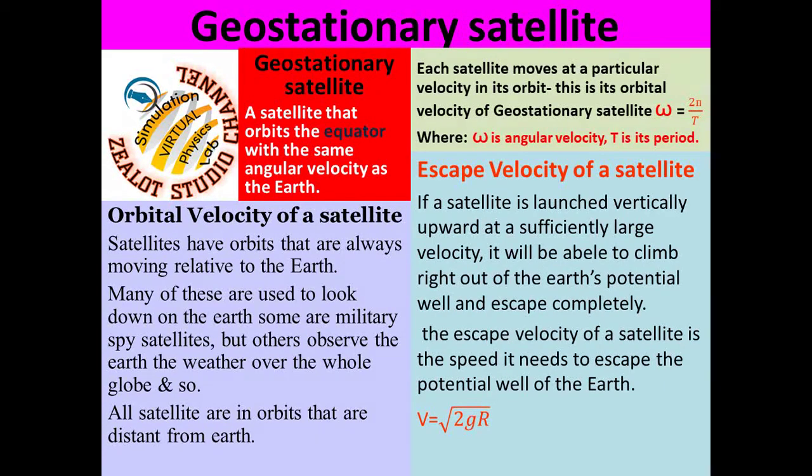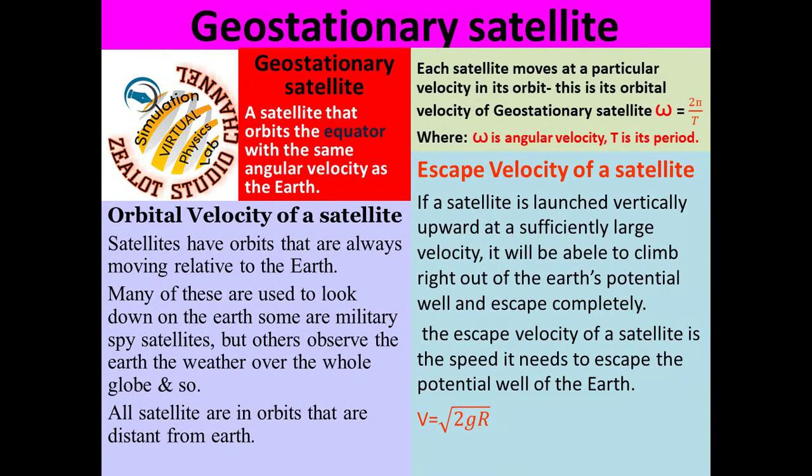The orbital velocity, which is the angular velocity, for a geostationary satellite is omega equals 2 pi over T, where omega is the angular velocity and T is the period, the time to complete one revolution.